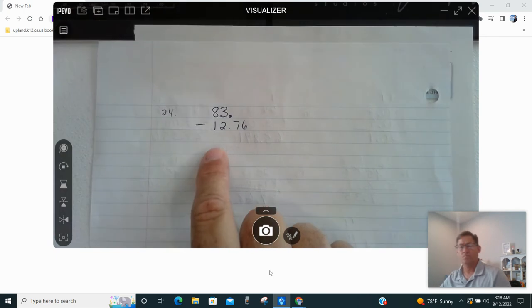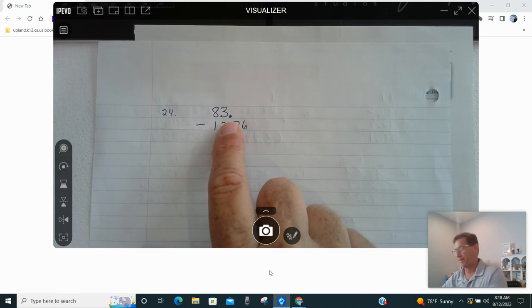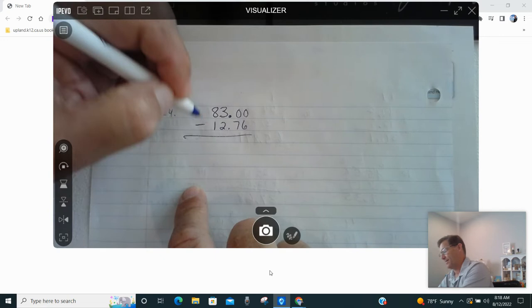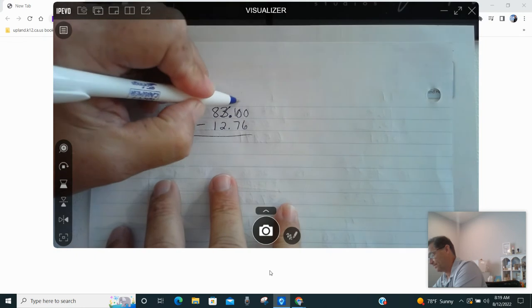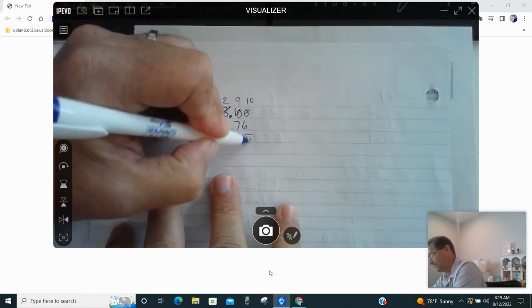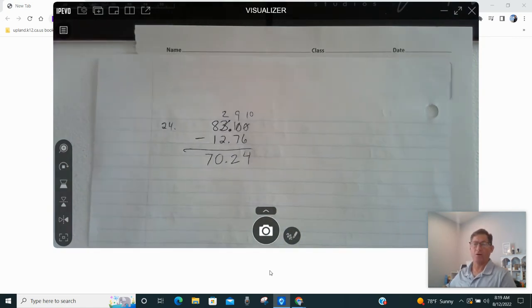So there is a decimal point in 83. It's after the 3. So 83 and 0 hundredths minus 12 and 76 hundredths. So 70 and 24 hundredths.